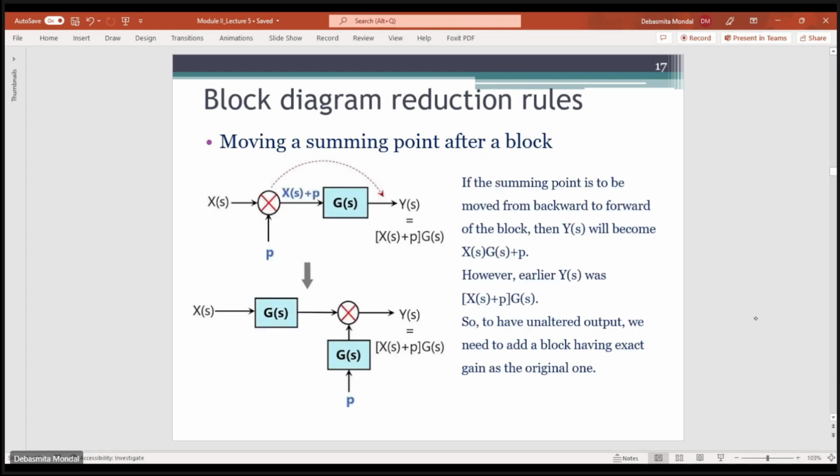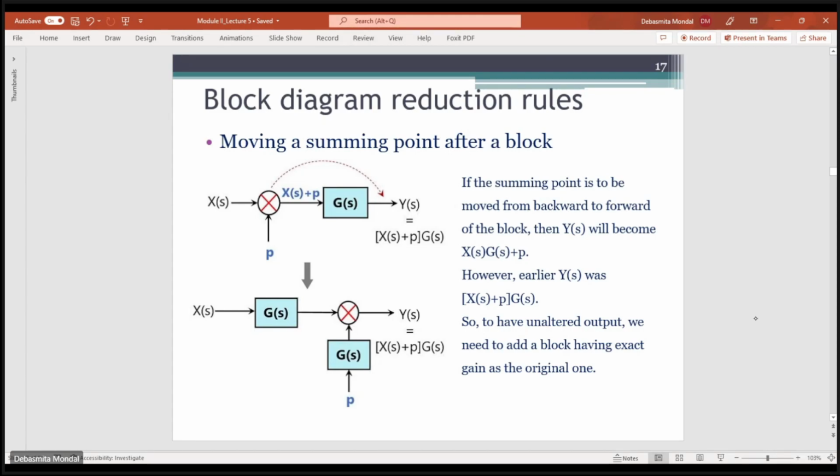Similarly, if you want to move a summing point after a block, initially you have the summing point over here, and now you want to move it after this block. Initially the input to this block G(s) was X(s) plus P, and the output was given by (X plus P) into G, right?